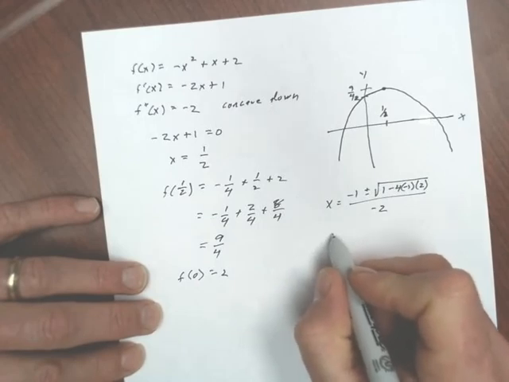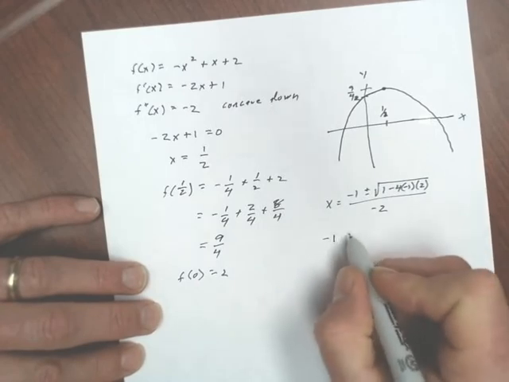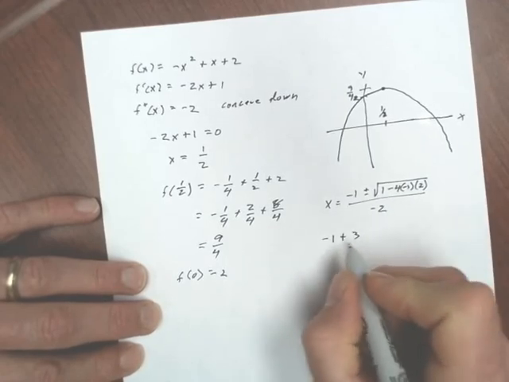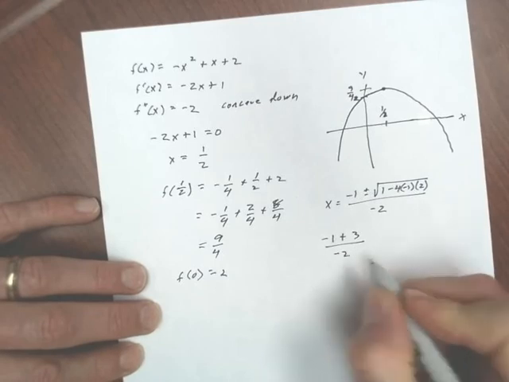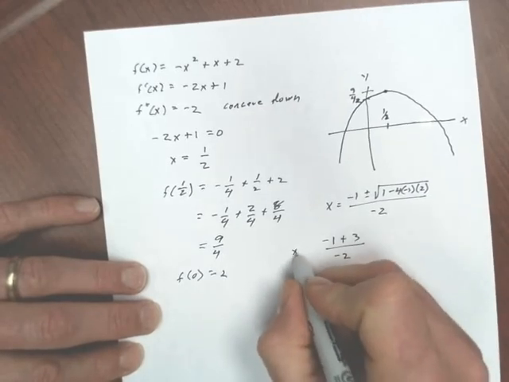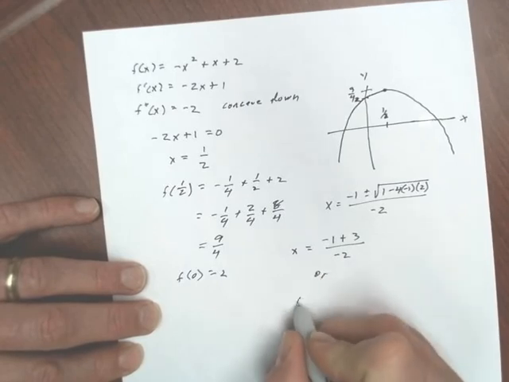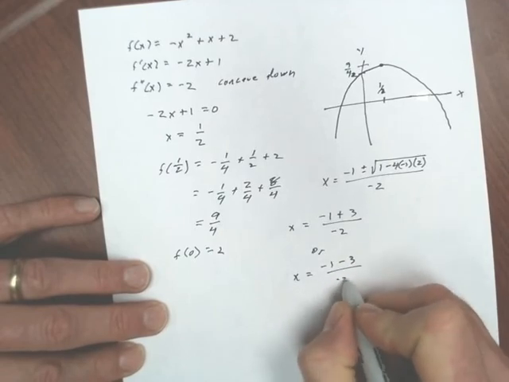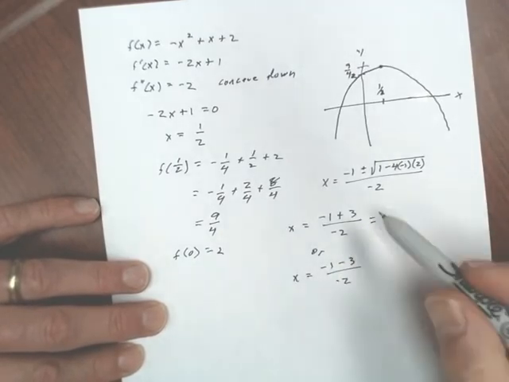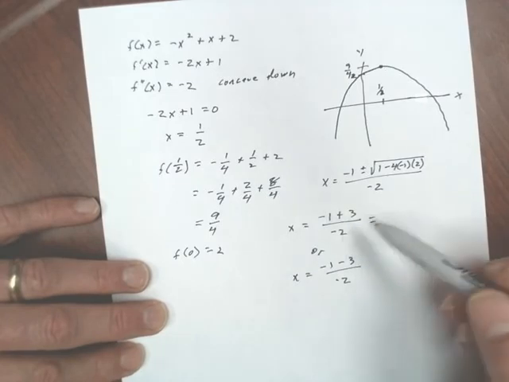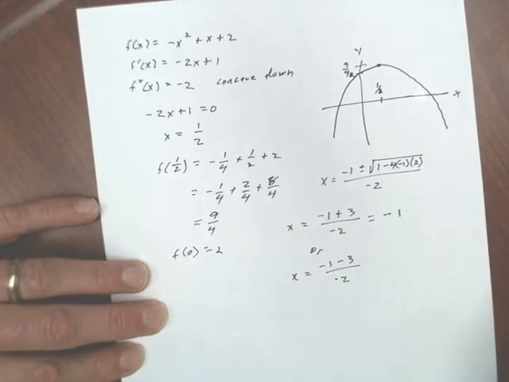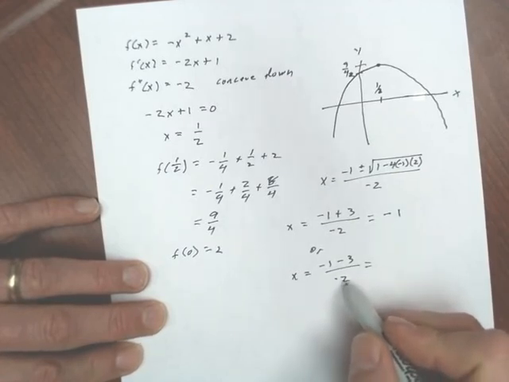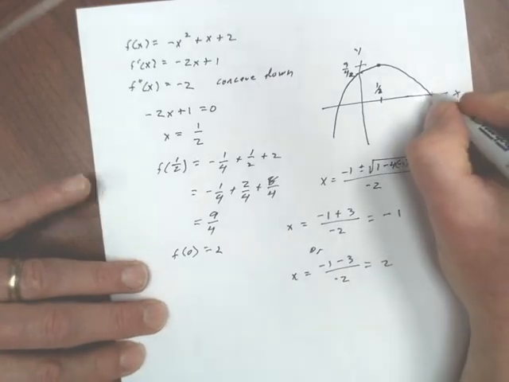So this gives us, let's see, that's 9 again. x equals -1 plus 3 divided by -2, or x equals -1 minus 3 divided by -2. This would be 2 divided by -2, which is -1. This would be -4 divided by -2, which is 2.